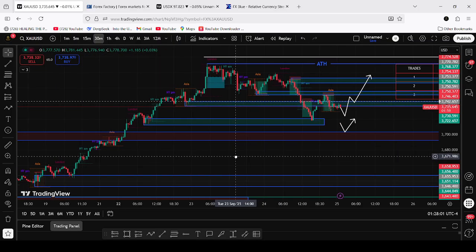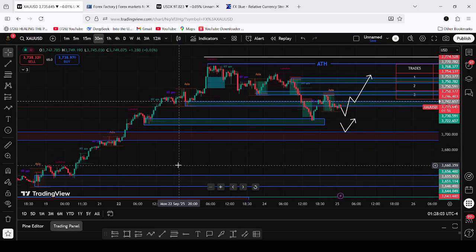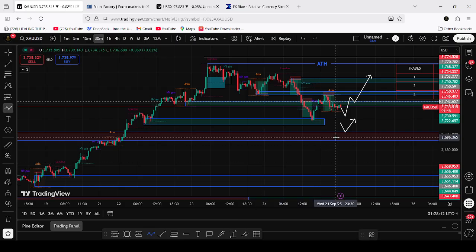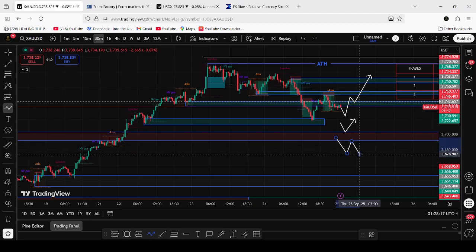That is, if the market comes again to that zone, we look for buy opportunities. As well, if it fails to respect that zone, you wait for a move on the downside, a retracement, then you sell on the downside.